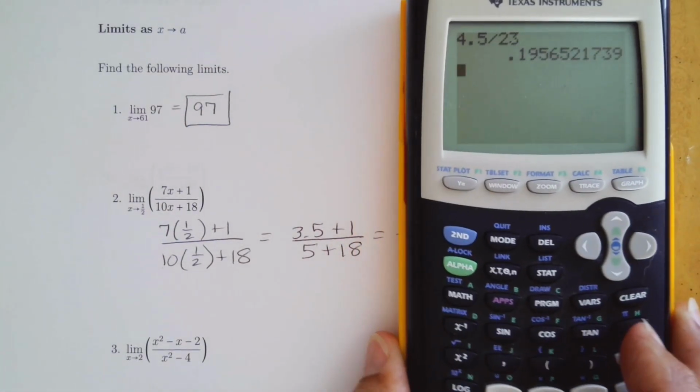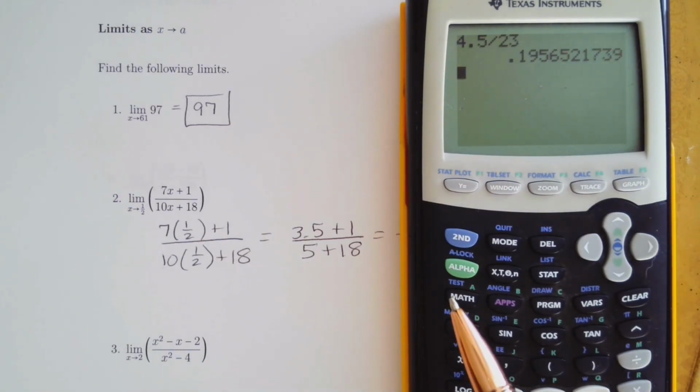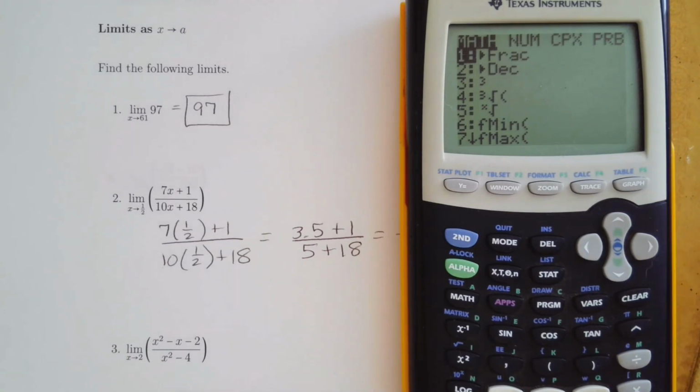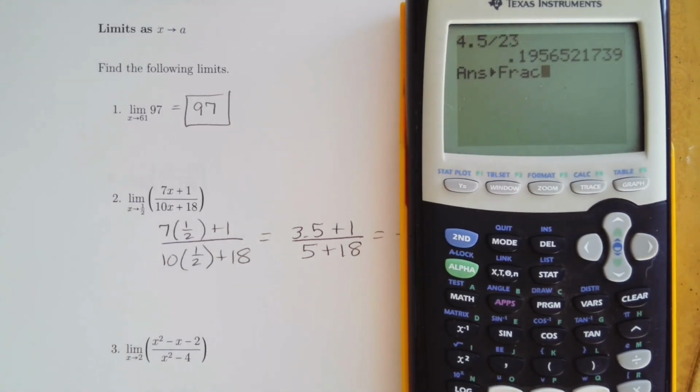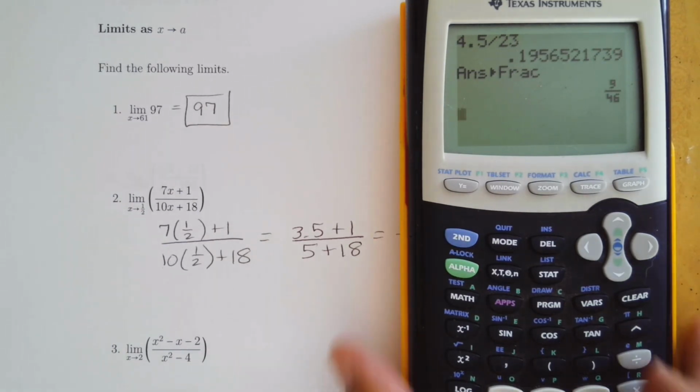This is good practice if you forgot how to do that. So to go to a fraction, hit the math button, which is right here. Number 1 says fraction, so hit number 1 and then enter. So 9 over 46.